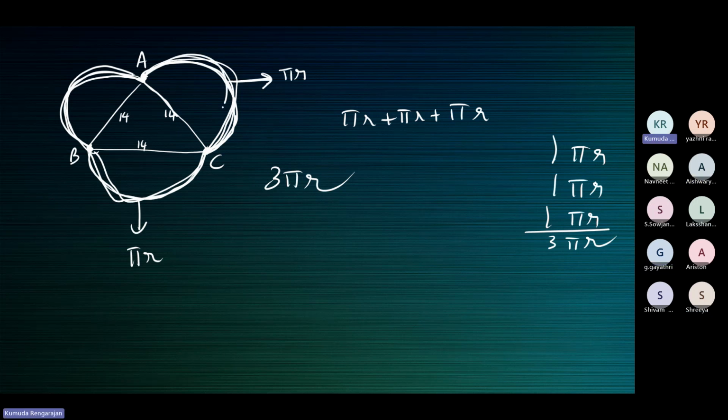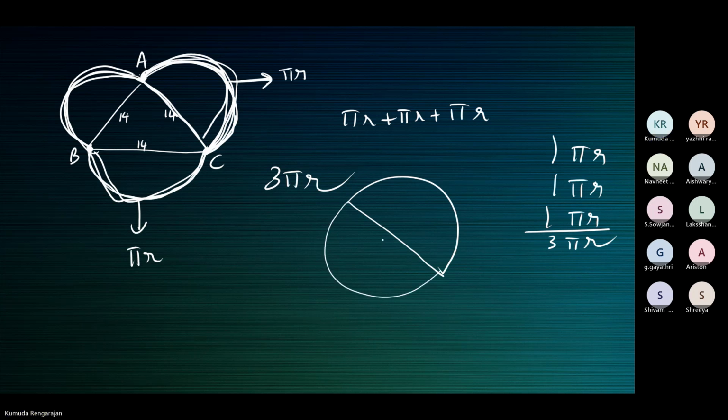For this semicircle, AC is the diameter, because semicircles are attached to the diameters. Here you can complete the circle. Quadrants are attached to the radii.